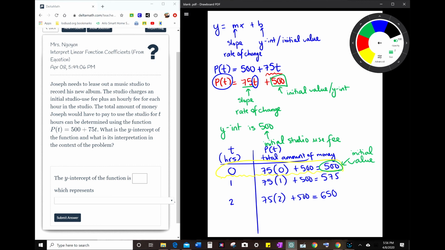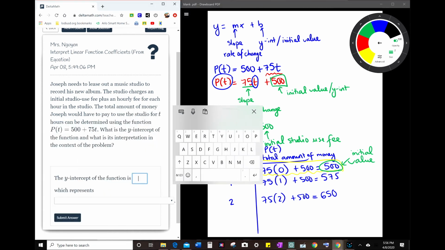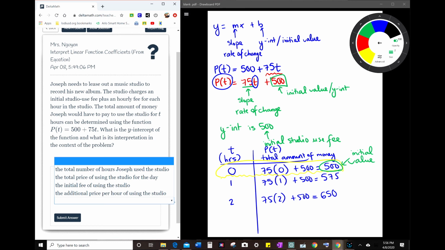Okay, so let's put in our answer. 500, and which represents, so they have the total number of hours Joseph used the studio. It's not the total number of hours. Next, the total price. It's not the total price.